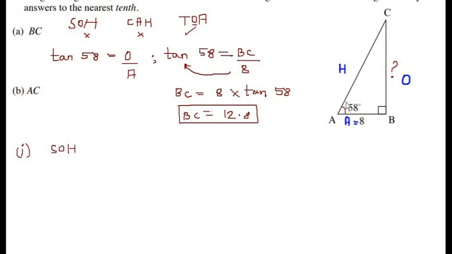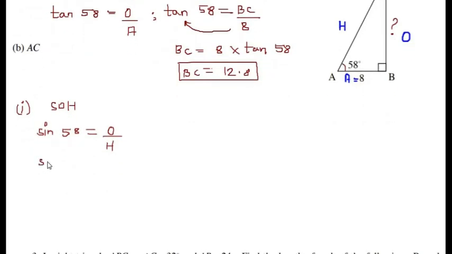Now sine of 58 can be used. Opposite, we just now got it, which is 12.8, and we should find the hypotenuse. So this works well. So we write sine of 58 equals opposite over hypotenuse.